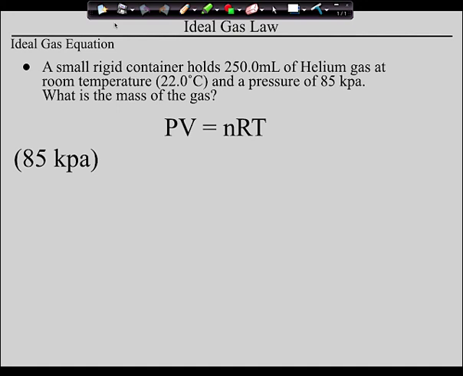Now we need a volume. Please do not write down 250 milliliters. Why not? It's got to be in liters. And how do we convert? Divide by 1,000. So it's 0.25 liters, and then conserving significant digits, 0.250 liters.